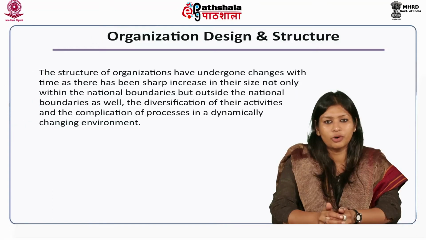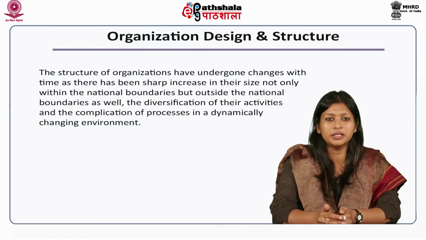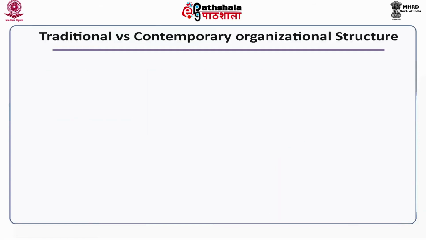The structure of organizations has undergone changes with time as there has been a sharp increase in their size not only within the national boundaries but outside the national boundaries as well, along with the diversification of their activities and the complication of processes in a dynamically changing environment.